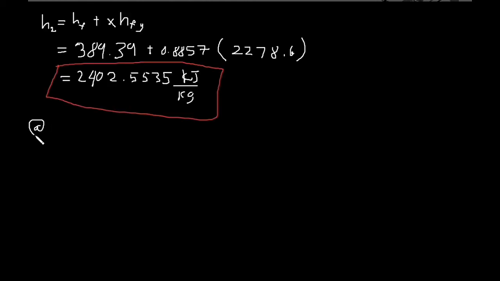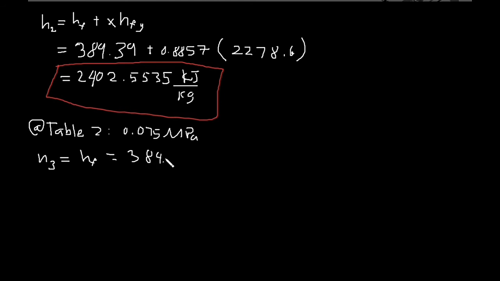So at table 2, 0.075 MPa, H3 is equal to HF, which is equal to, at the table, 384.39 kilojoules per kilogram. And let's highlight that.